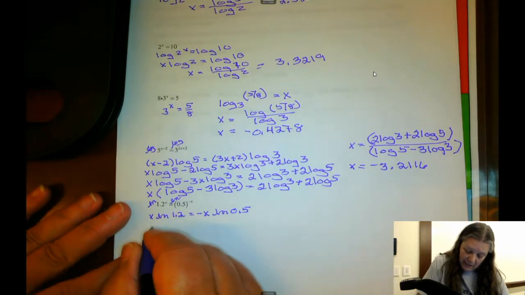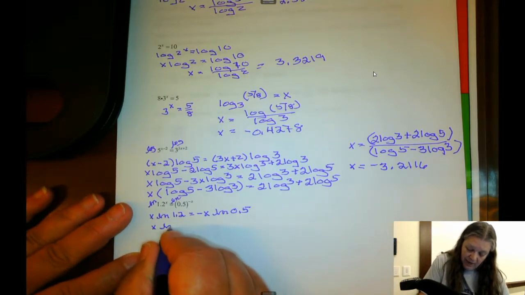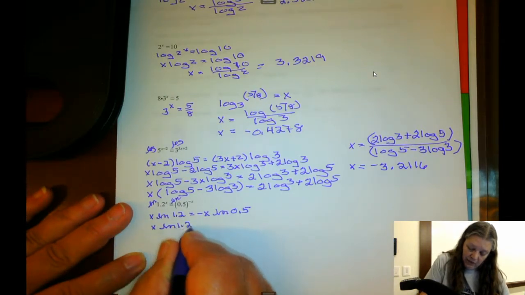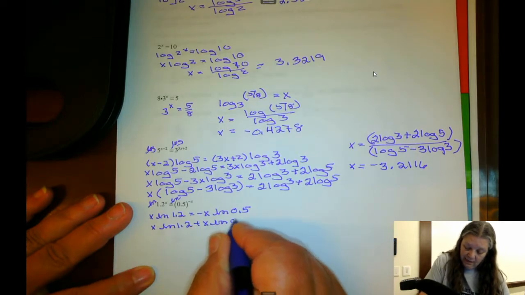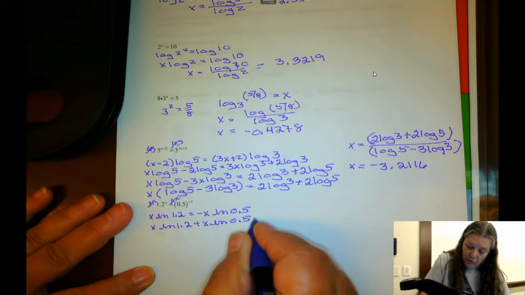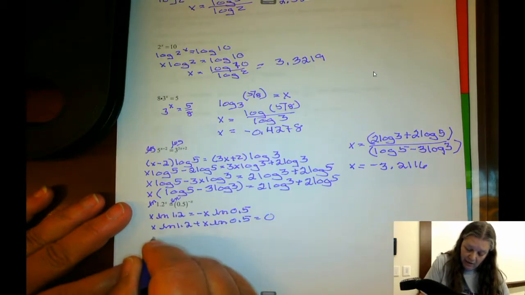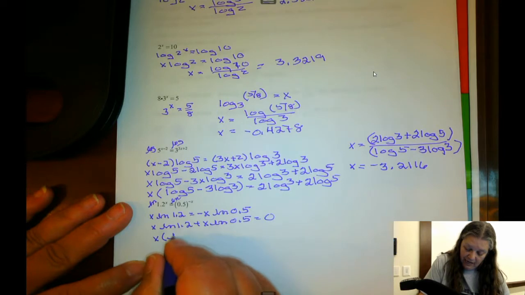Bring this over to get the x's together. You have x ln of 1.2 plus x ln of 0.5 equals 0. Factor out an x.